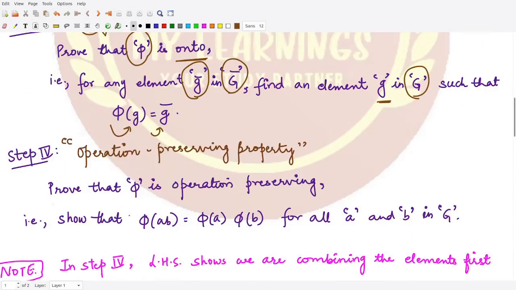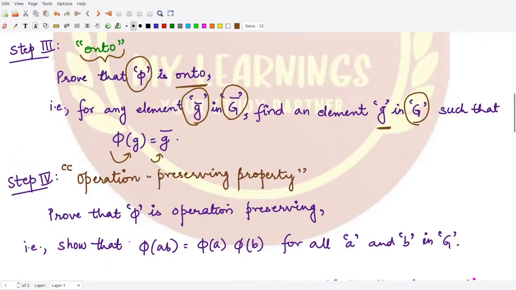The new property that comes here is property 4, which is the operation preserving property. Now what does this property tell us? Here we want to prove that the function phi is operation preserving. It means that we will prove that phi of AB is equal to phi of A into phi of B, if both the group operations in G as well as in G bar are multiplication.